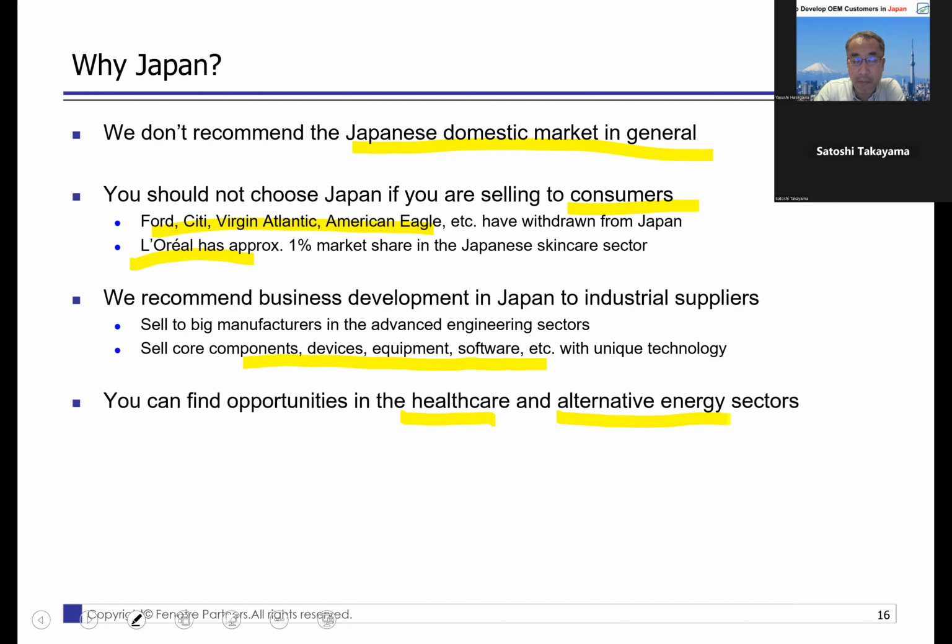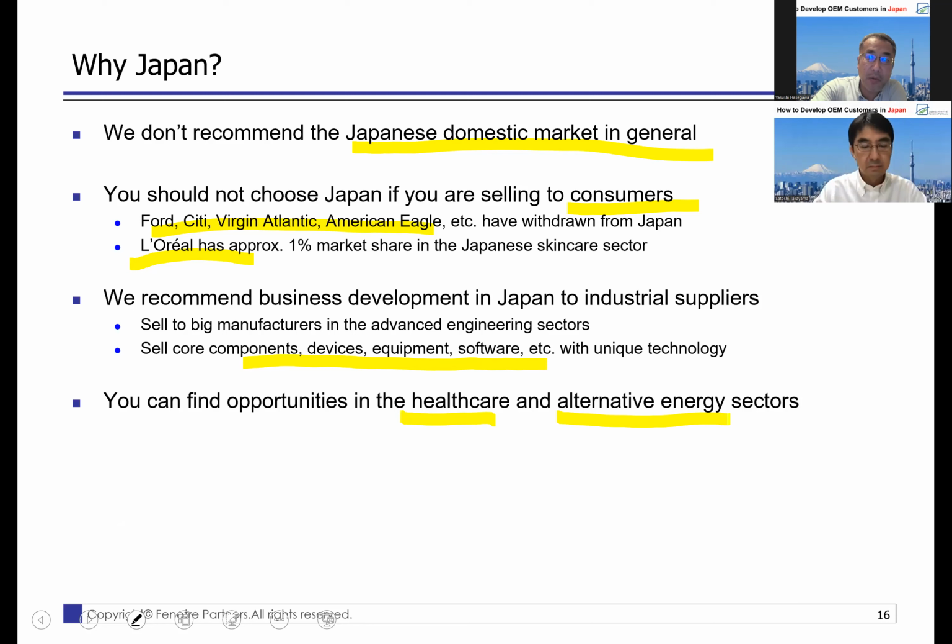Now, a wide range of healthcare solutions is demanded, like remote healthcare systems or IoT devices to monitor our health conditions. And for alternative energy, most of the nuclear plants in Japan are not operating right now. So if you have a unique technology or solution in this field, you will have many business opportunities.